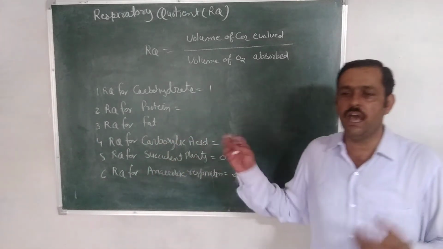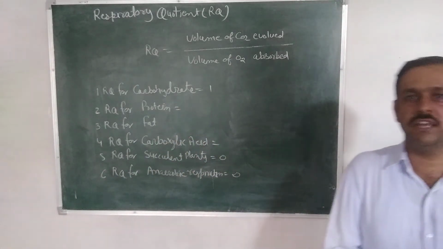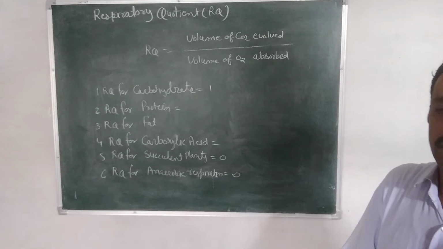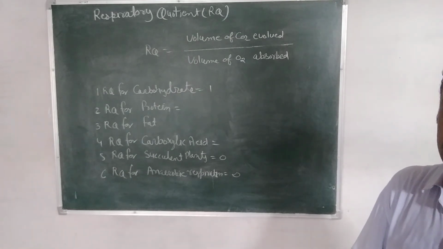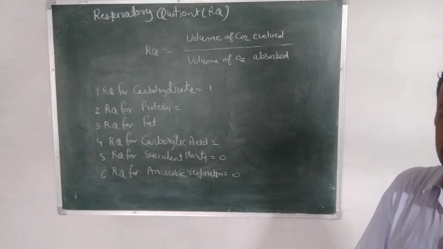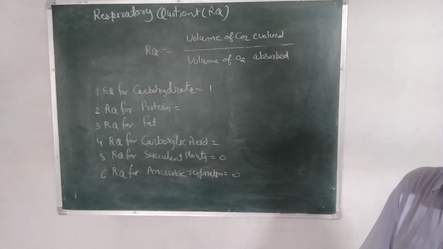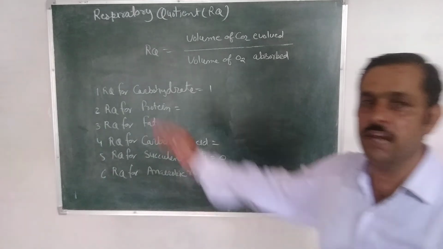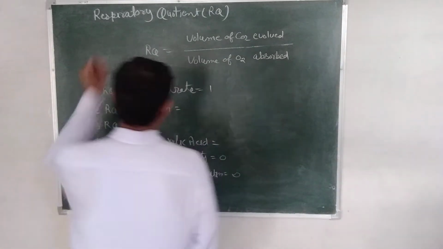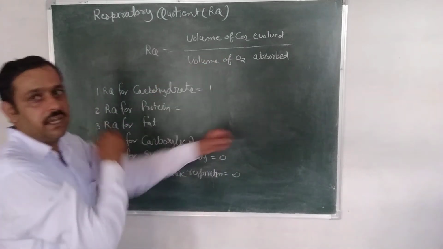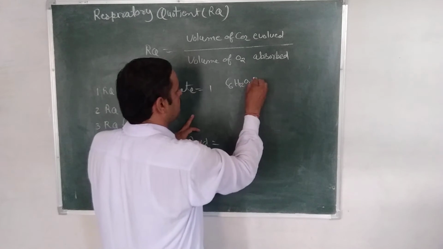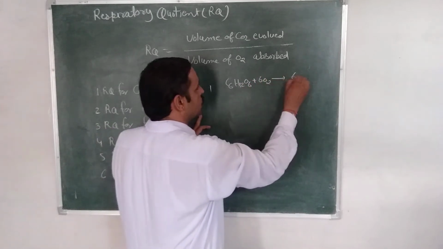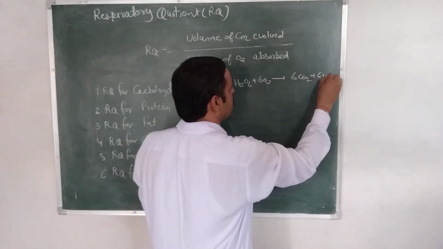Respiratory quotient is helpful to determine the substrate used in respiration and the type of respiration. Different substrates used in respiration have different respiratory quotients, which can be understood as follows. Whenever we see the reaction of respiration, it is C6H12O6 plus 6O2 gives 6CO2 plus 6H2O.